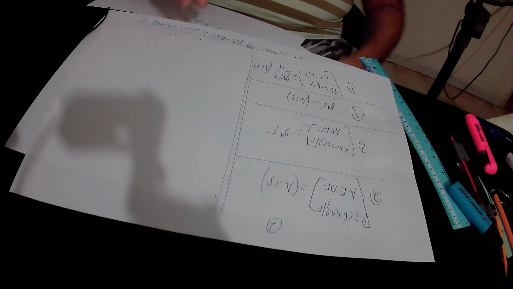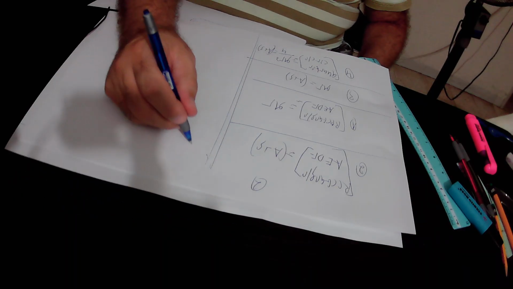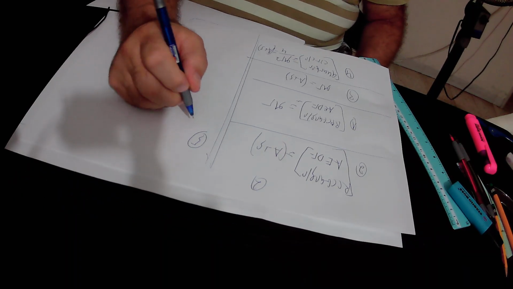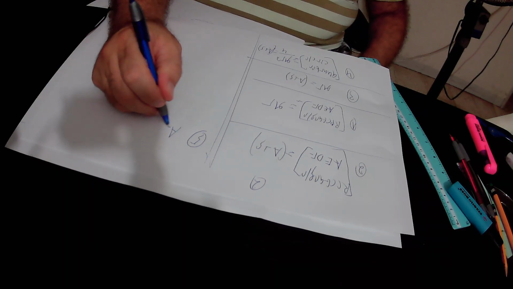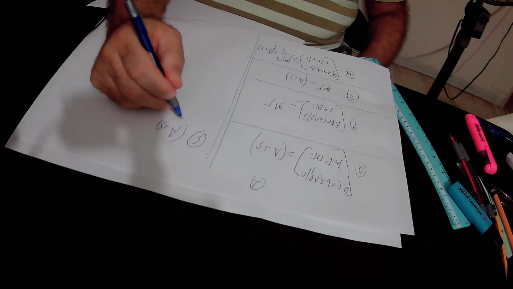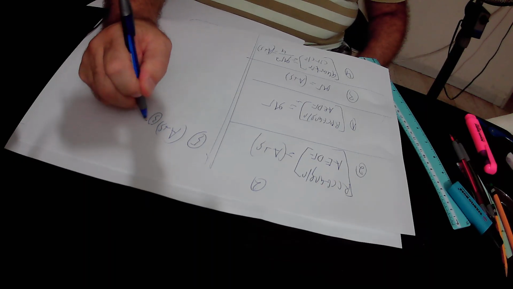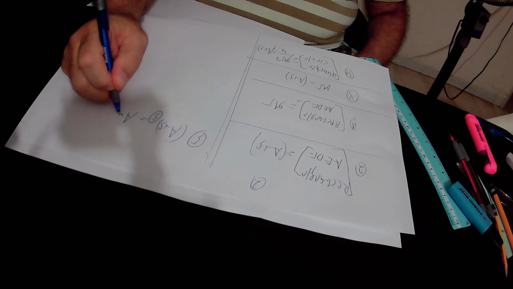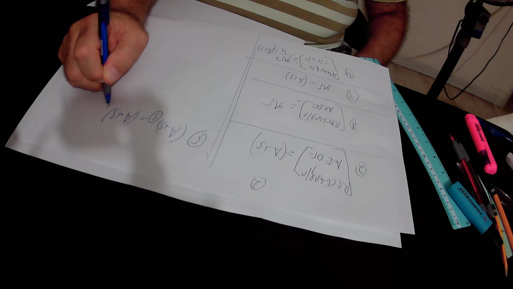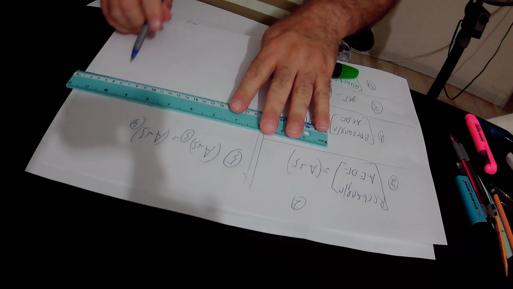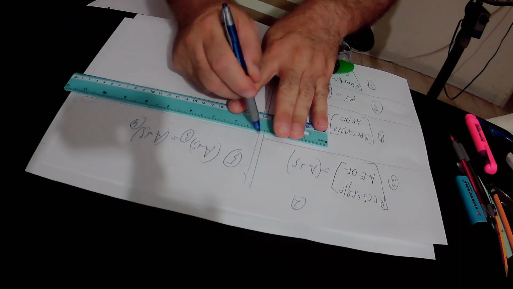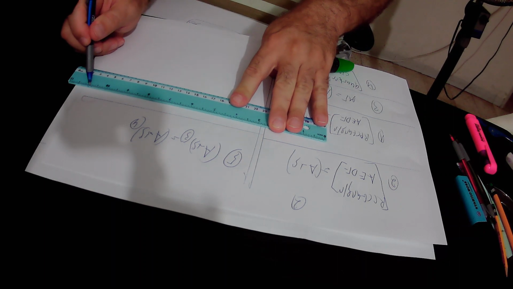So in the next step, we create equation 5 that says that A plus S, according to equation 3, must be equal to A plus S according to equation 4.